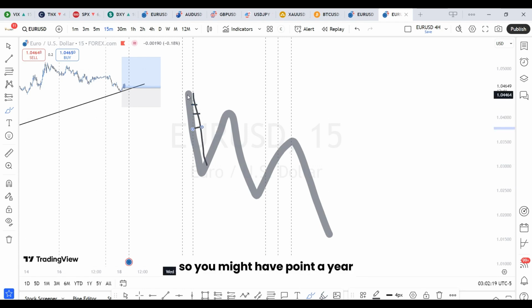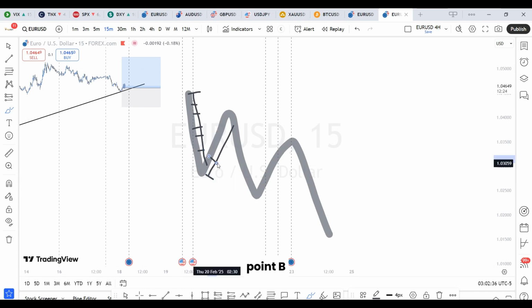So we might have point A here, this could be point B, so you can have point 1, point 2, point 3 until this higher time frame trend changes. You now have a bullish trend like this until you now have point 1 again, point B, point A, point B, point 1, point 2.